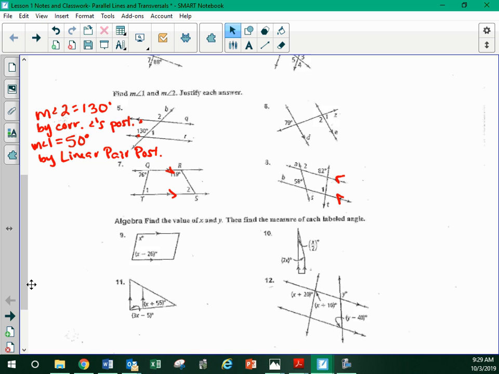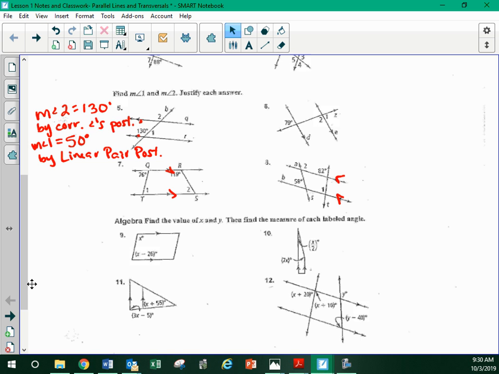Wouldn't 1 be corresponding? No, they're different. Those are 1 and 82. So you agree with him on that?